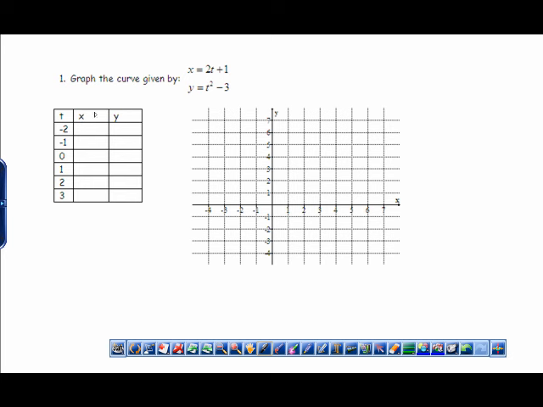And so they already have the table set up for what the t values that they want you to use. And so if we think about t being -2, if I plug in -2 here, I get -3. If I plug in -1, that's going to give me -1. If I plug in 0, I get 1.